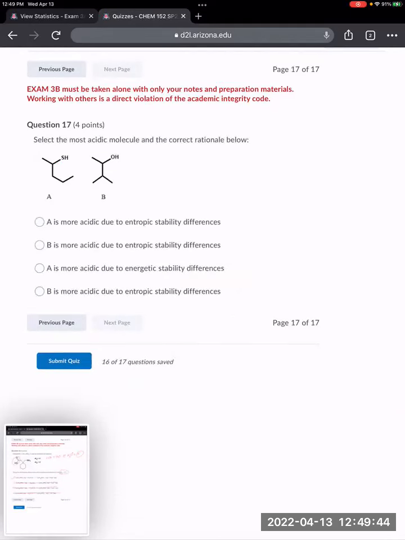All right, last question. You are asked to select the most acidic molecule and the rationale behind that. Again, this is about the three features, so we go with feature one.